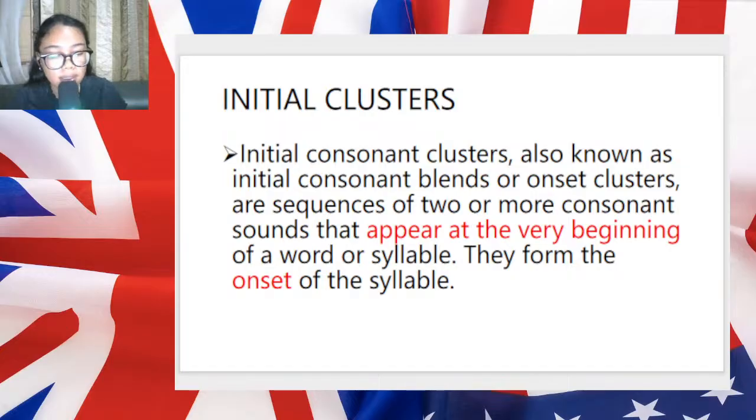So when we say onset cluster, we are just specifying that these groups of consonants are starting off that syllable. These initial clusters are crucial because they set the stage for how the rest of the word is pronounced. And of course, getting the sequence of these sounds correct right from the start significantly contributes to clear and accurate pronunciation.